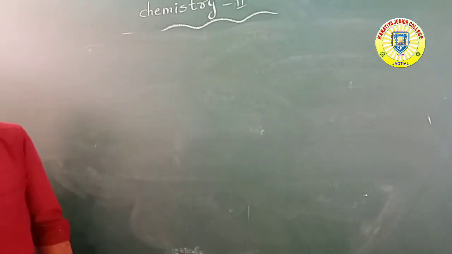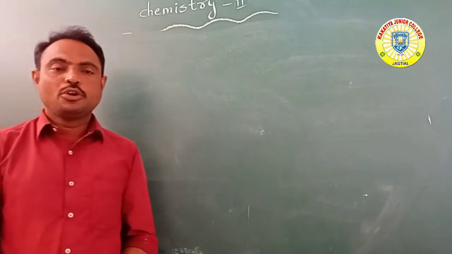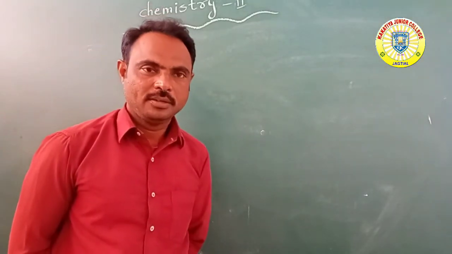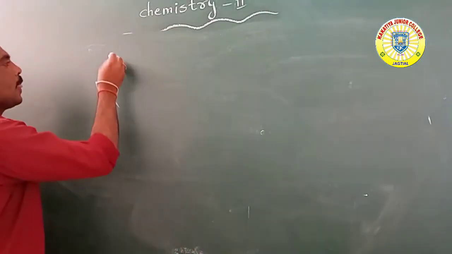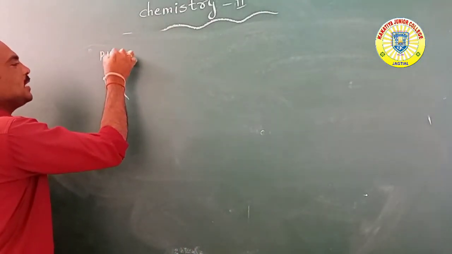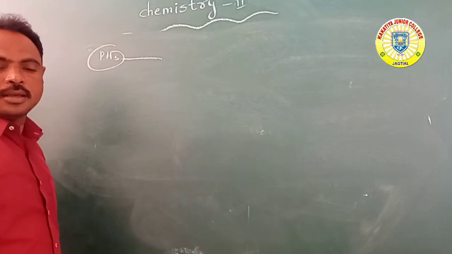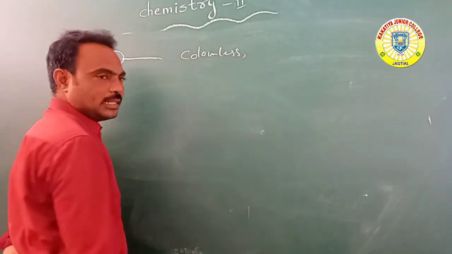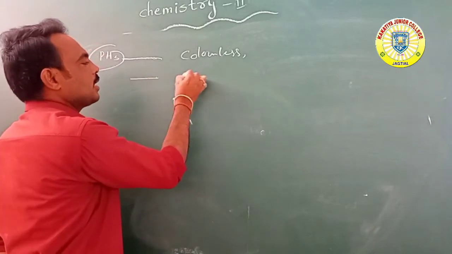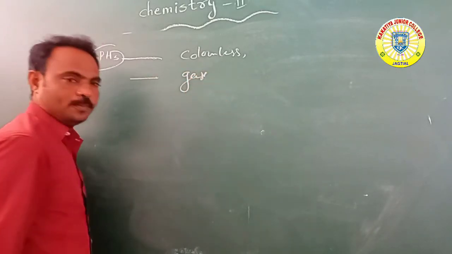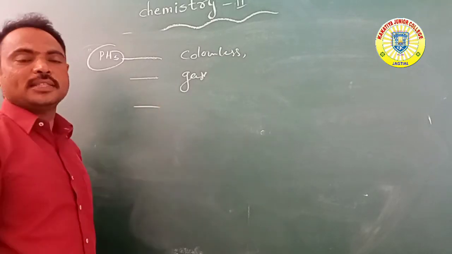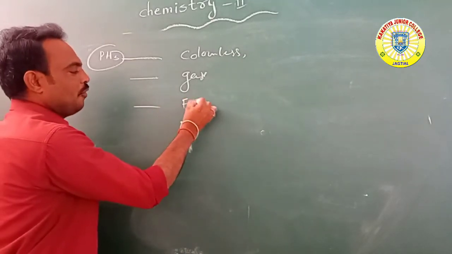So what are the physical and chemical properties of phosphine? Overall, phosphine is a colorless, gaseous compound. Next further, it has a fish smell.